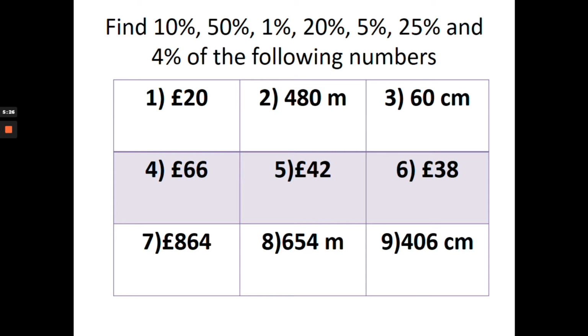You can then use the 20 and 5% you've worked out, add them together to get you 25%. And then the tricky one is the 4%. So once you have worked out 1%, so divided by 100, you can times it by 4 to give you 4%.